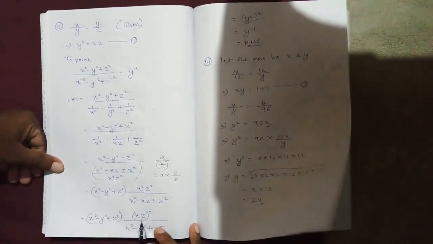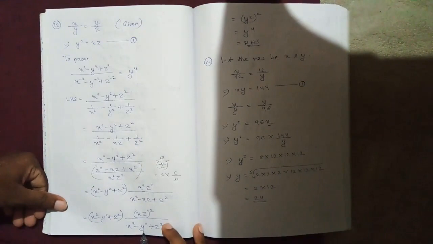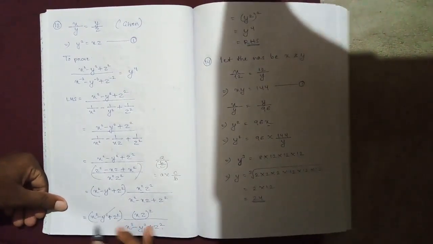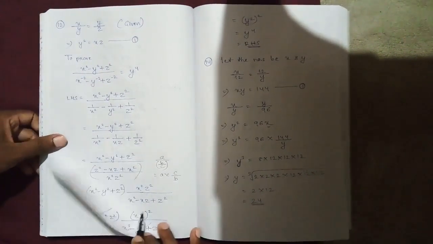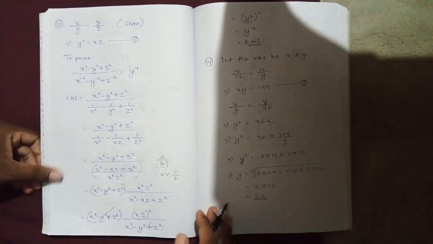X square z square can be written as xz whole square by, then in place of xz again we can put y square, means return back to y square. So x square minus y square plus z square, these two cancel, so remaining is xz whole square. Now in place of xz we can put again y square.